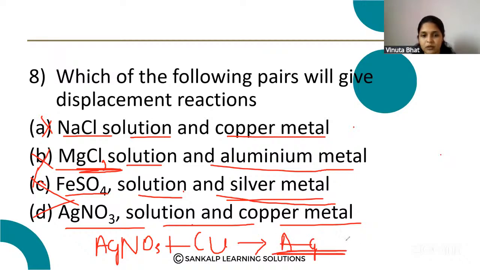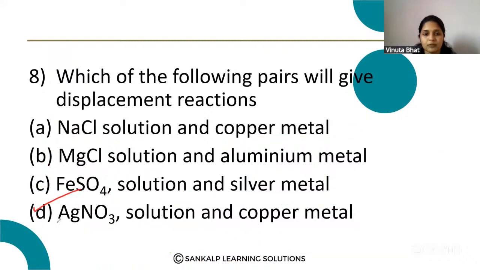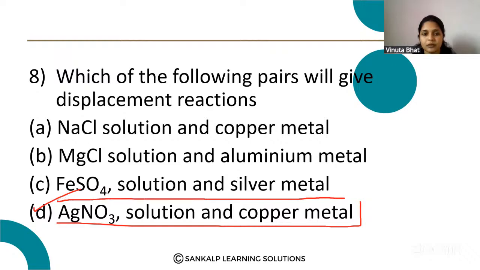Okay, so here silver is displaced by the copper because copper has more reactivity than the silver. So the option D reaction will be possible. So this is the displacement reaction. So this pair will do the displacement reaction. Okay.